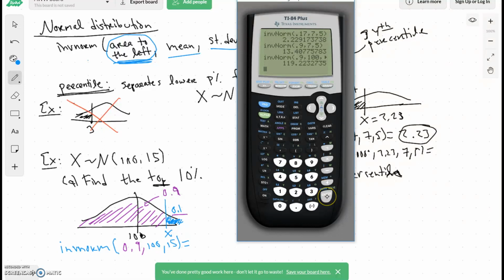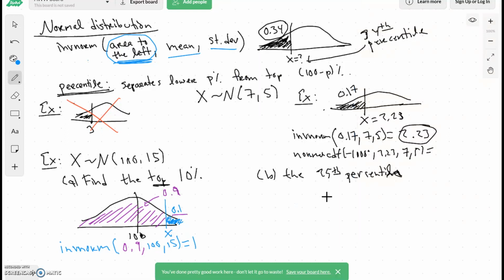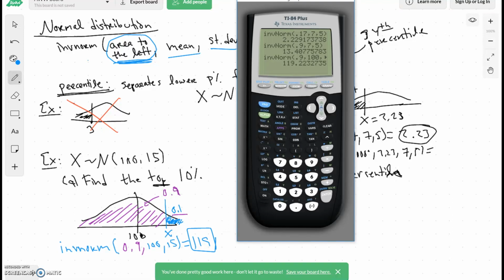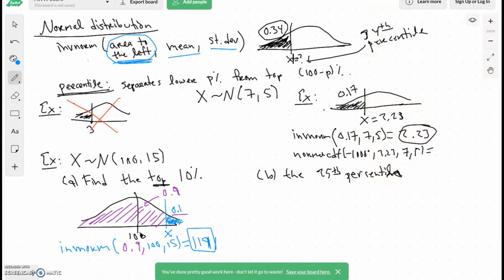This is going to give me 119. That looks much better, because before we got something really weird, we got a 13. There's no way 13 can be greater than 100. 119 makes a lot more sense. So 119 is the number that separates the top 10%.